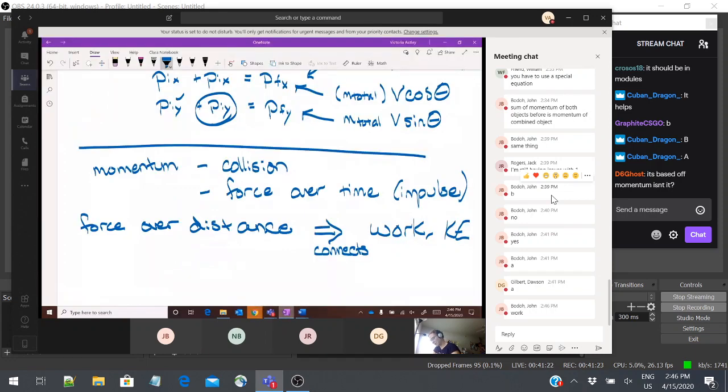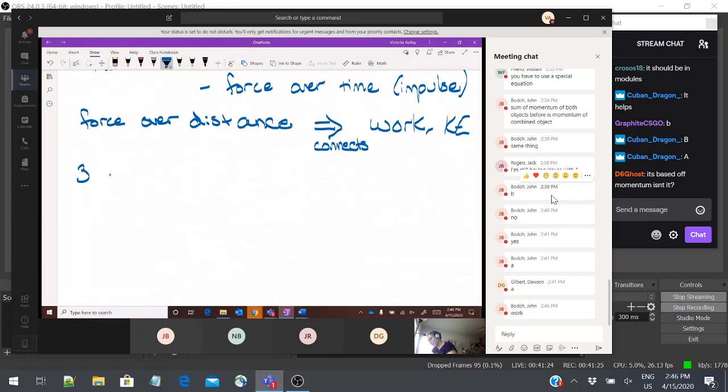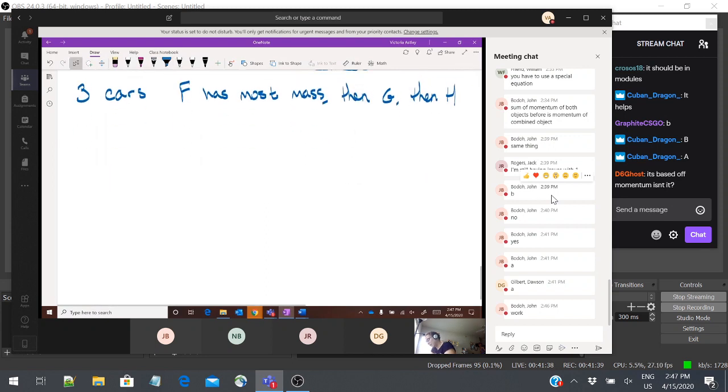Can you tell me, let's copy this, 3 cars, F has the most mass, then G, then H. Can you tell me anything about the force of friction on these 3 cars?